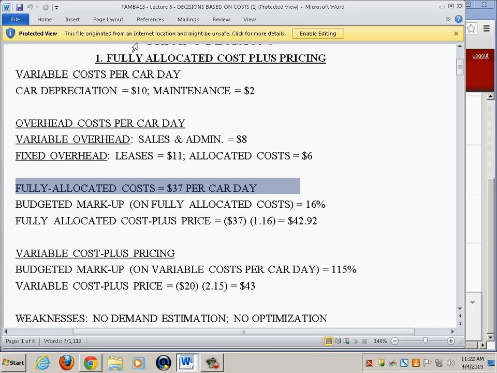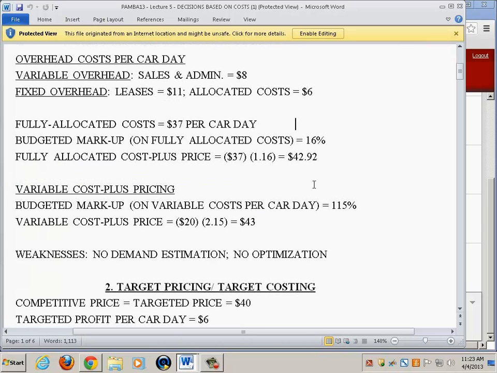Now, most companies that use cost plus do it on a fully allocated cost. Some do it only on the variable costs.